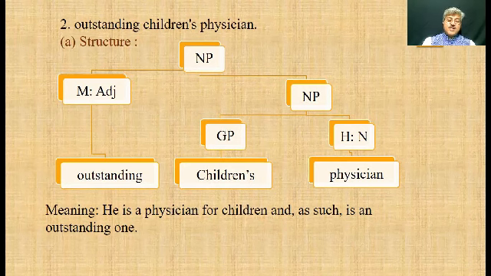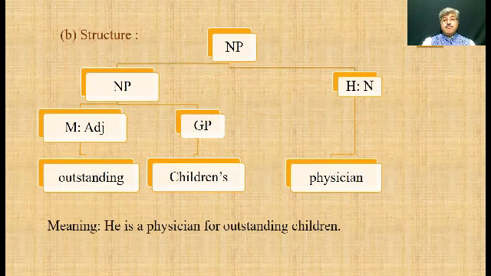Here, in the first example, outstanding is a modifier, which is an adjective, and NP is children's physician. Genitive phrase children's, head noun physician. He is a physician for the children, and as such is an outstanding one. It means he is the physician of children, and that physician is outstanding.